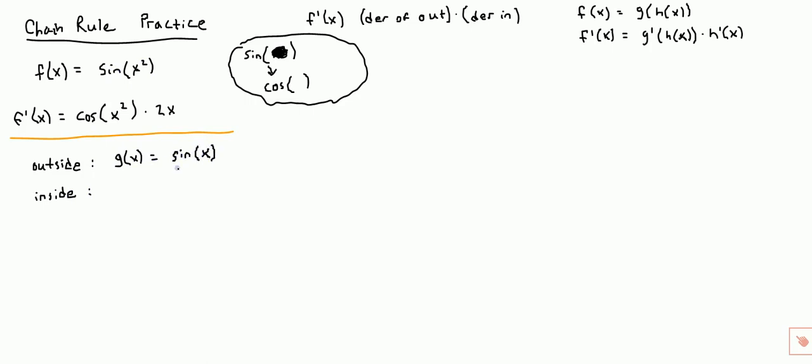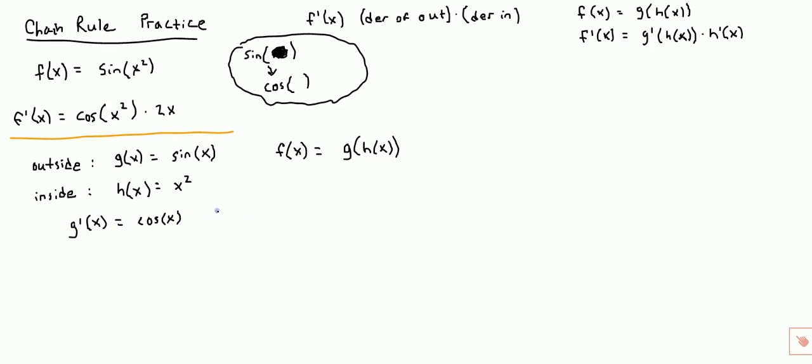Inside, what's the first thing that happens? X squared. Okay? We can write f of x as g of h of x. So we can use this. What is g prime of x? The derivative of sine of x is cosine of x.